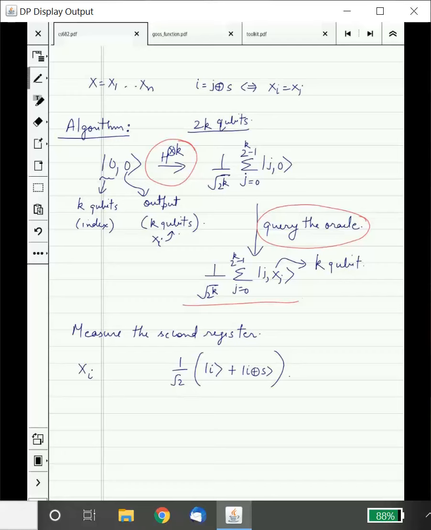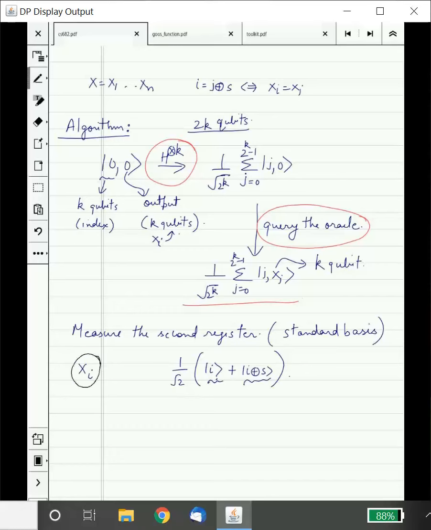The reason is that you are measuring in the standard basis, so you will observe one of the outputs, one of the xi's. But if you observe xi, then you don't know whether the first register was i or i plus S. Both these first registers could give you xi.